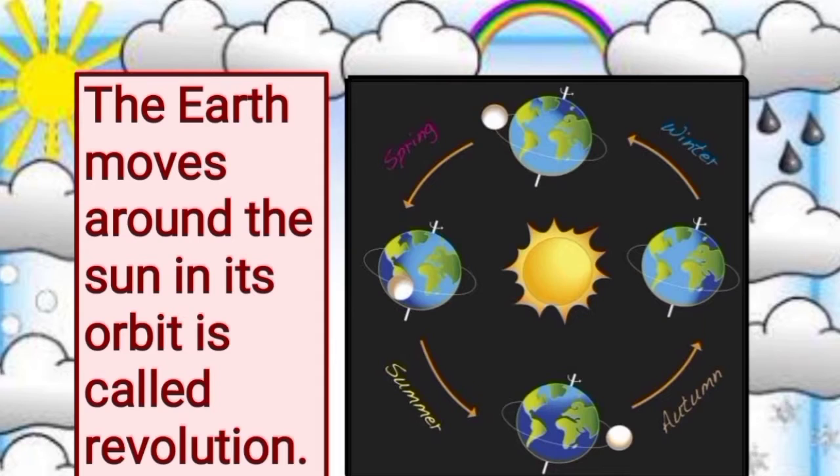For example, the moon revolves around the earth and the earth revolves around the sun. This movement of the earth around the sun in a fixed path is called a revolution.